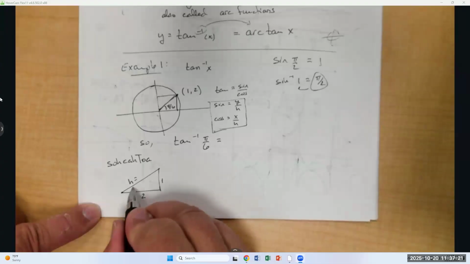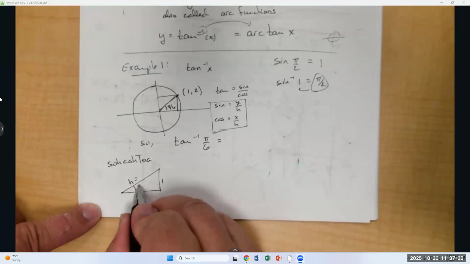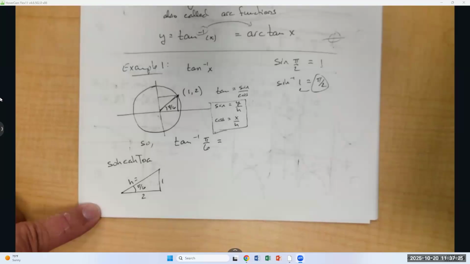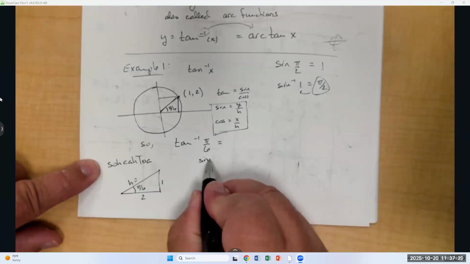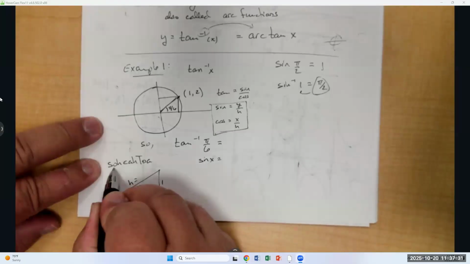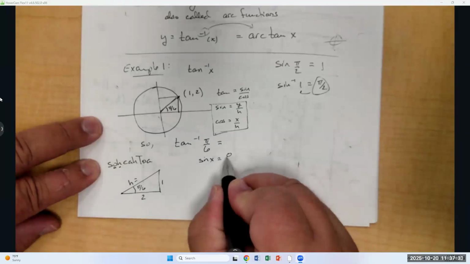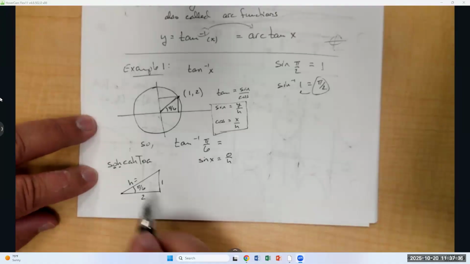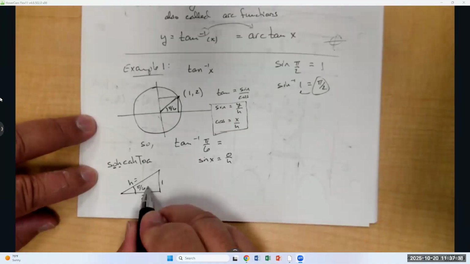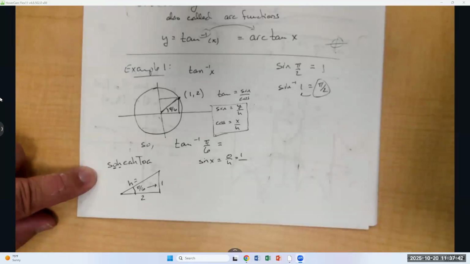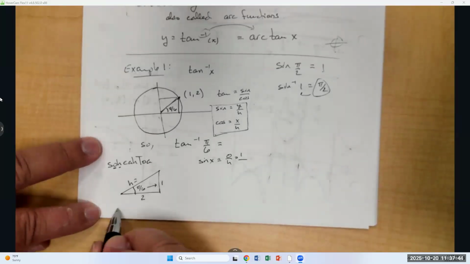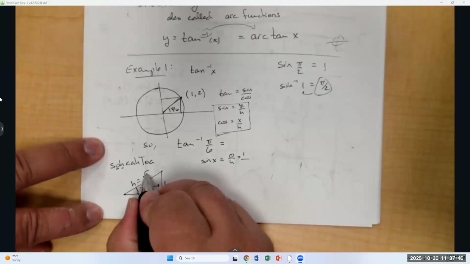So if we start here, our angle is pi over 6. Sine of the angle is opposite over hypotenuse. The opposite of this angle is 1, and the hypotenuse we're going to figure out is radical 3.